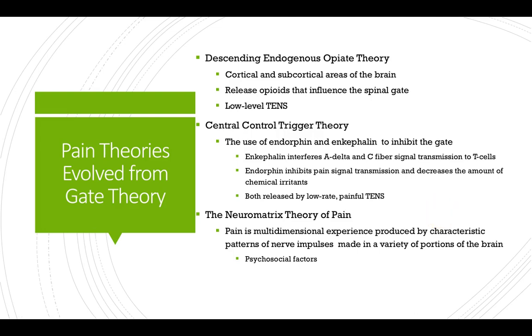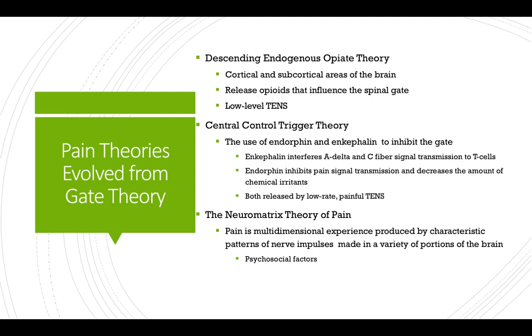And then the final one is the neuromatrix theory of pain. And so this is really kind of the most elaborate, it's kind of the most current. It goes way deeper into things that we don't need to. You can go into brain and behavior and neuropsych and things like that to get a better understanding of the neuromatrix theory of pain. But this takes into account a lot more of those psychosocial factors.